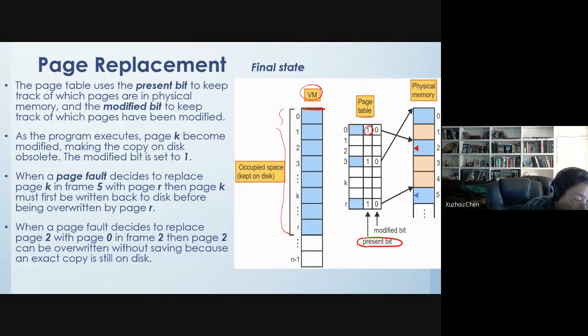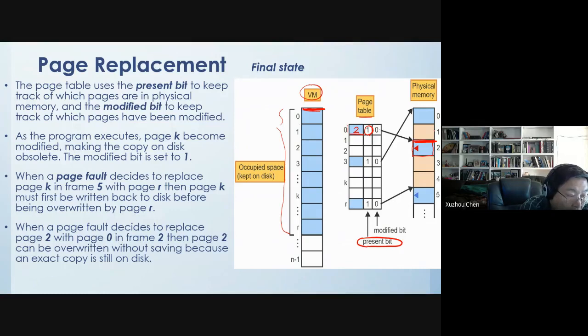Then we look at the corresponding page frame number, which shows this is in frame number 2, so we point to frame number 2. Based on the memory mapping, we can map this memory into this physical memory location.